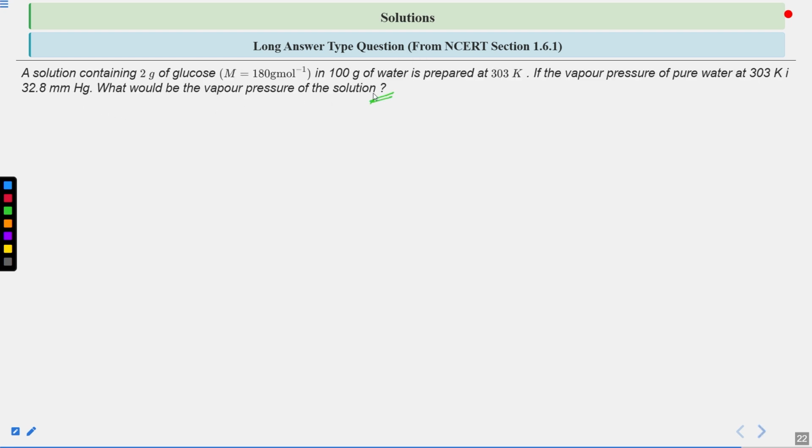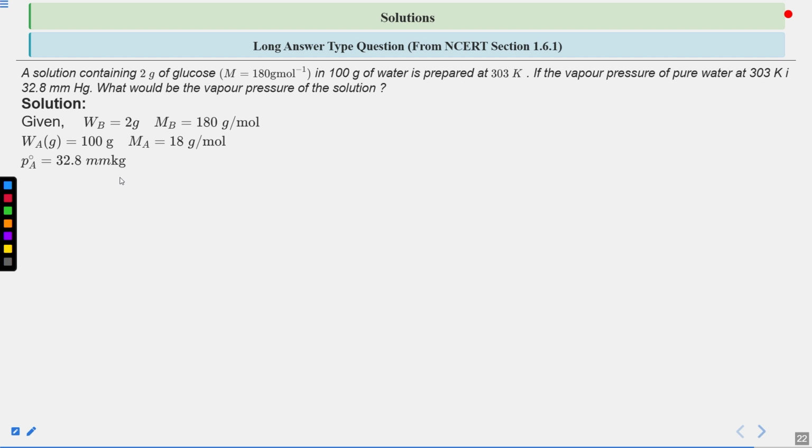Okay, let's see. For this given question, we can first of all write the given quantities. So we have WB, that is 2 gram, the weight of solute. MB, the molar mass of solute, which is 180 grams per mole, is also given. The weight of solvent is given as 100 gram, that is 100 gram of water. And the molar mass of solvent, the molar mass of water, is 18 gram, we all know.